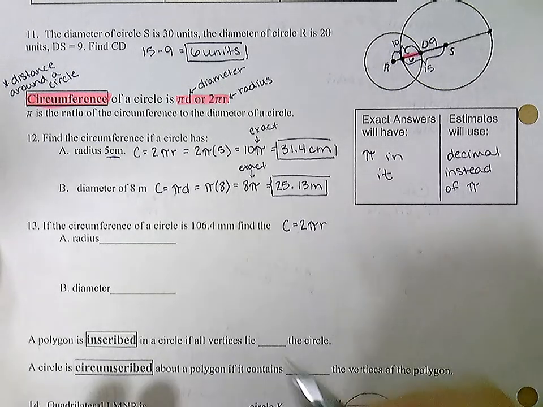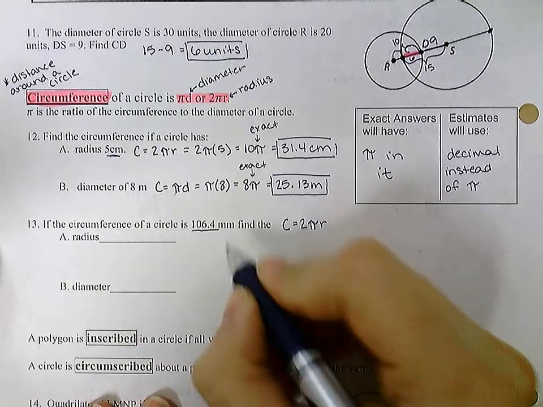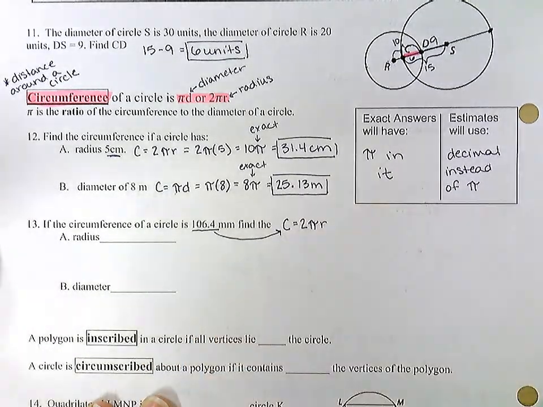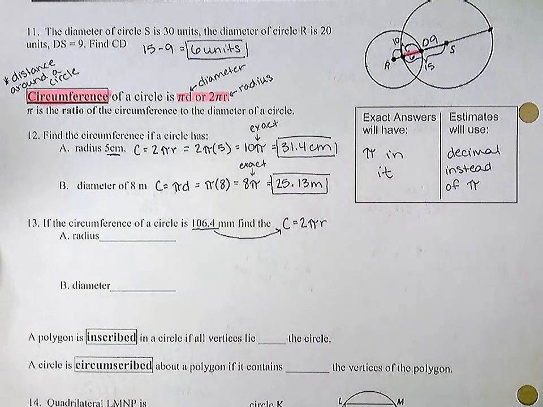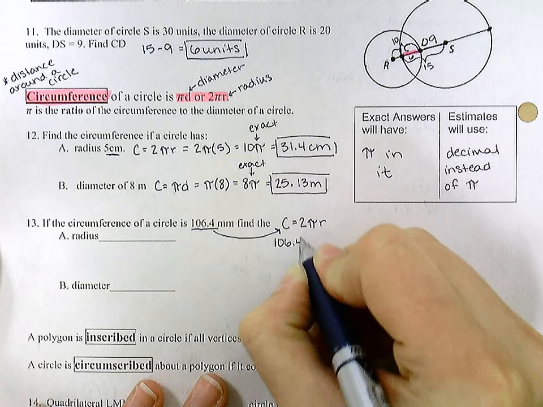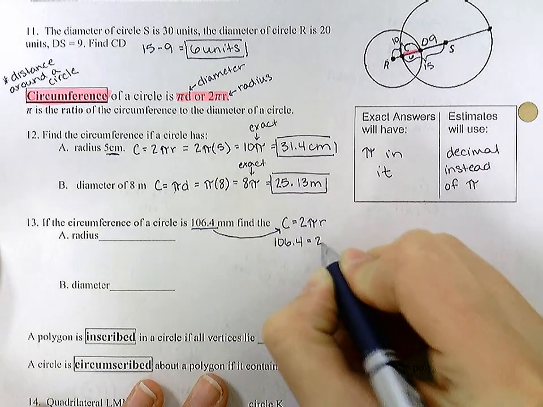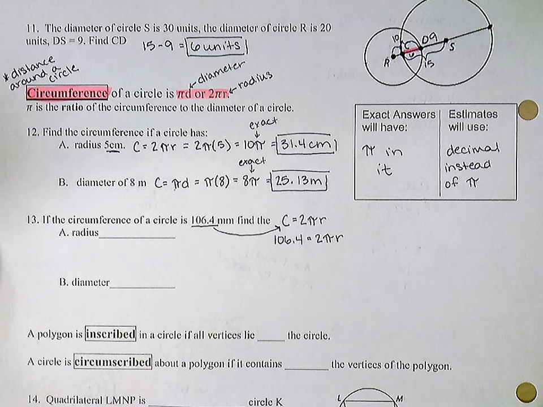So I'm going to plug in my circumference for C, because C is the circumference. So I'd say 106.4 is equal to 2 pi times r. And what I want to do is solve for r, since that's the radius.